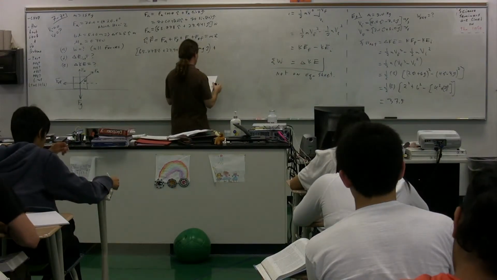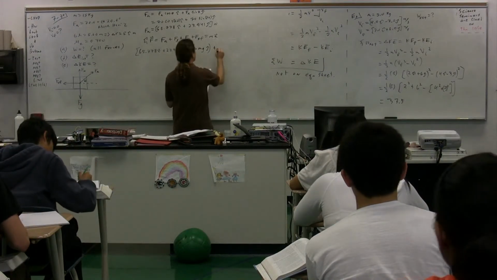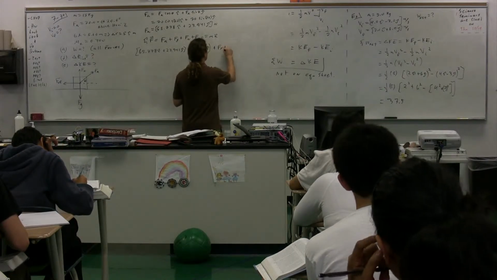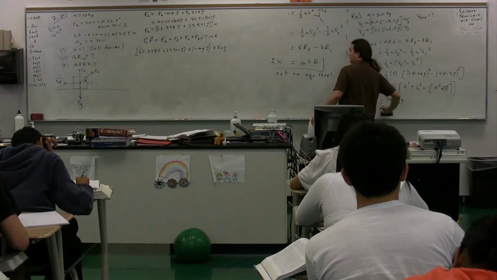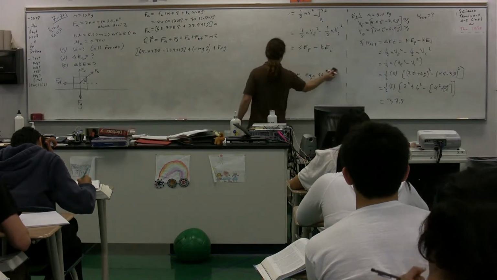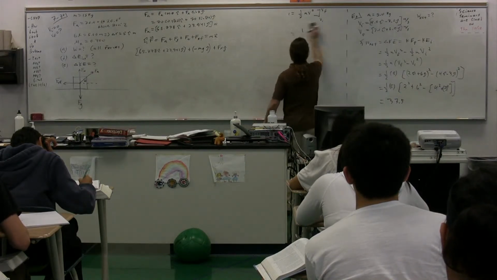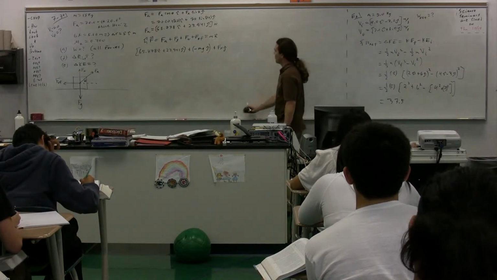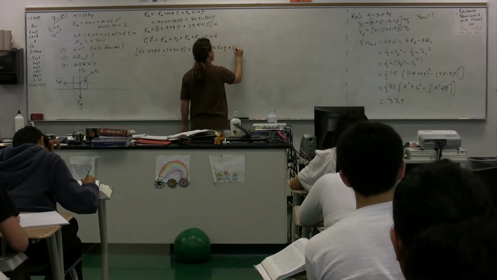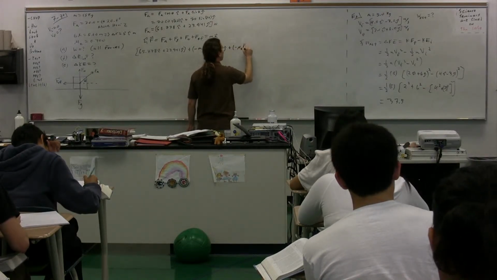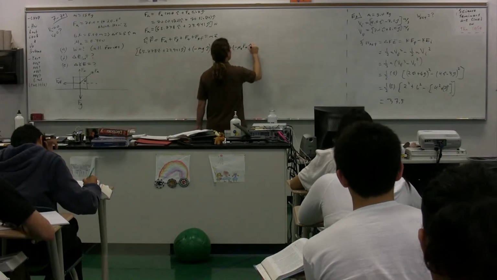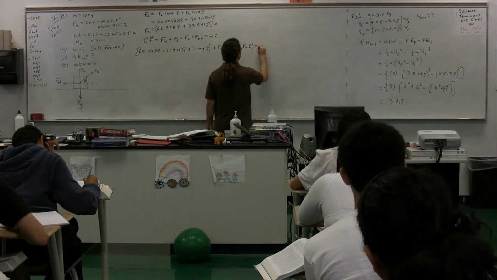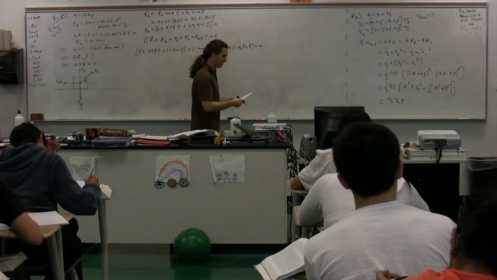We can do the same with the normal force: it's just the normal force times j, because it's in the y direction. Then the force of kinetic friction is negative mu k times the normal force in the i direction, because it's to the left, the negative i direction. That's equal to mass times the acceleration.